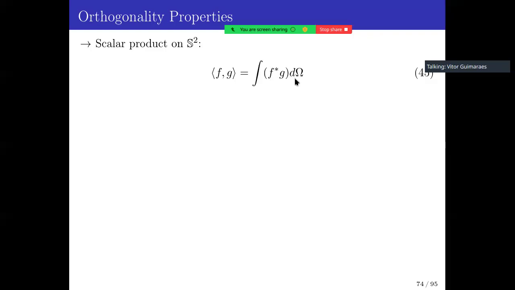So I'm going to proceed. So this d omega is exactly the two-sphere volume element, which is basically sine theta, d theta, d phi, right?